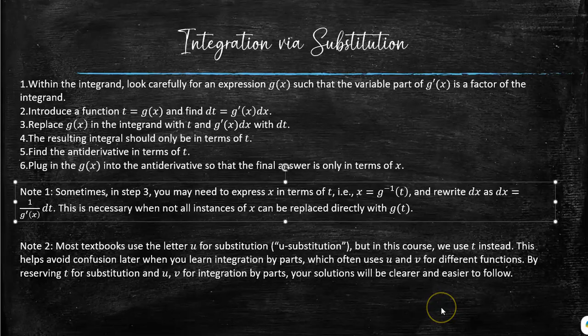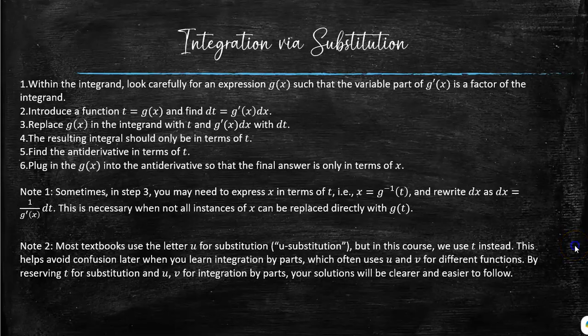But the bigger problem will arise when you get to the next calculus class, and you're going to be using both procedures to solve the same integral, and you're going to be forced to pick whether to use a different letter for your substitution or different letters for your integration by parts, because traditionally both of them use letter U, according to some textbooks.